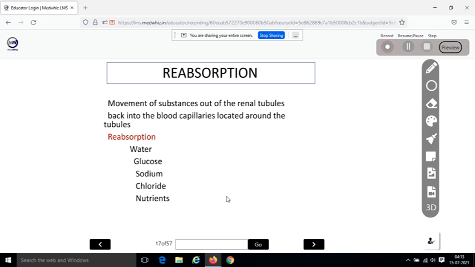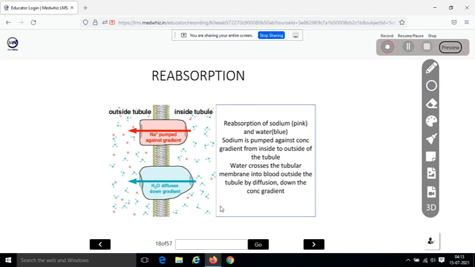This is because of reabsorption, that is, movement of substances out of the renal tubules back into the blood. Reabsorption is back into our body, into blood capillaries located around the tubules, and through reabsorption, water, sodium, glucose, chloride, and nutrients are reabsorbed. Sodium is pumped out against the gradient, and water diffuses down the gradient.